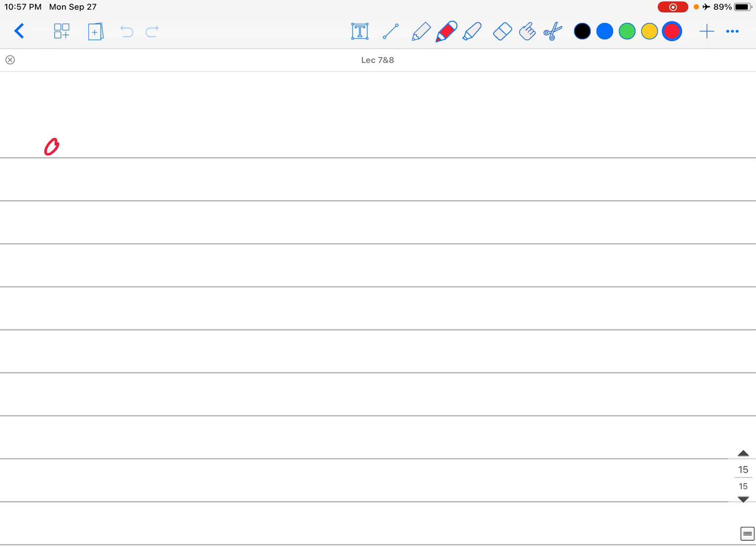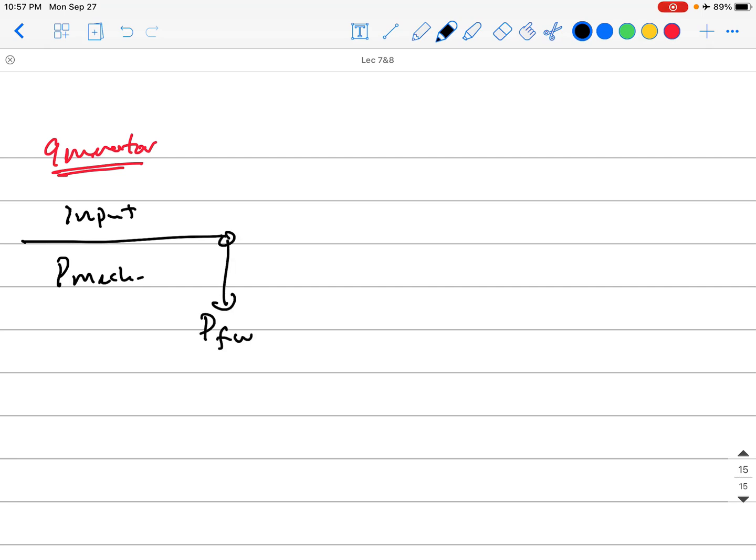The generator mode should be very obvious now. It is just the opposite way around, because in the generator mode, you will have mechanical energy input. So the input here is P mechanical, and everything is now reversed. Of the mechanical energy, you lose some of it as friction and windage, and then the remaining part would be the converted energy.